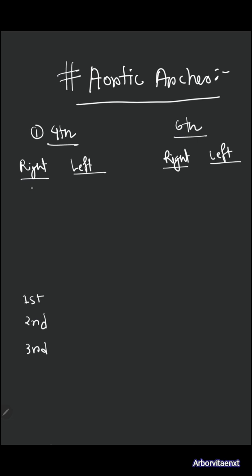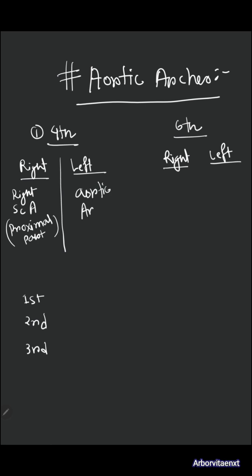The right fourth arch develops the proximal part of the right subclavian artery. Very important. On the left side, the fourth arch gives rise to the aortic arch.